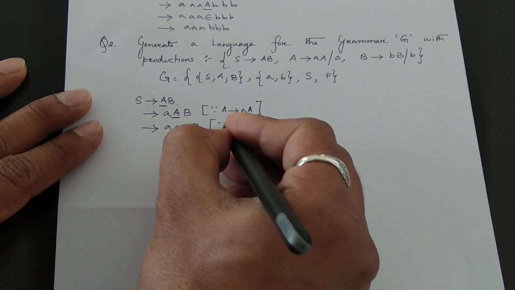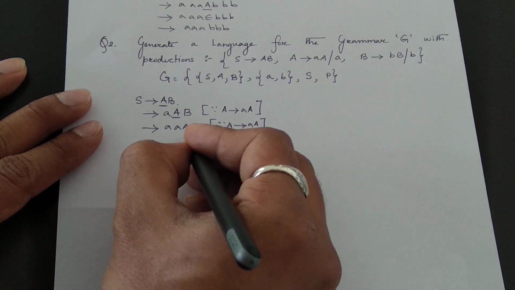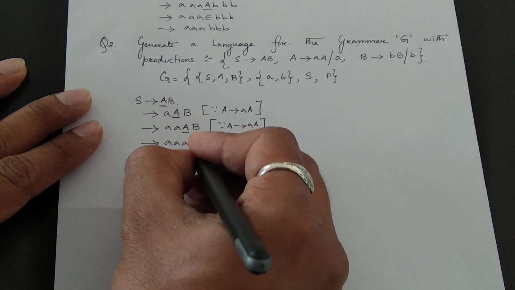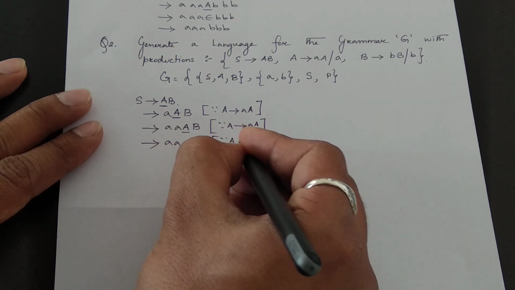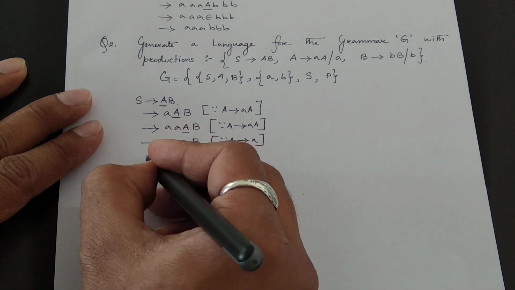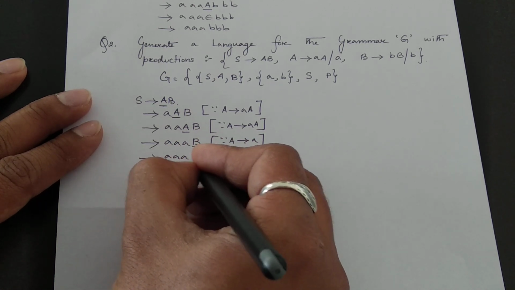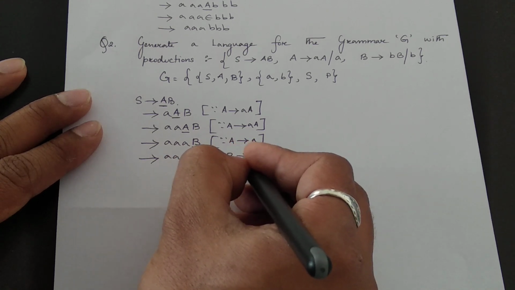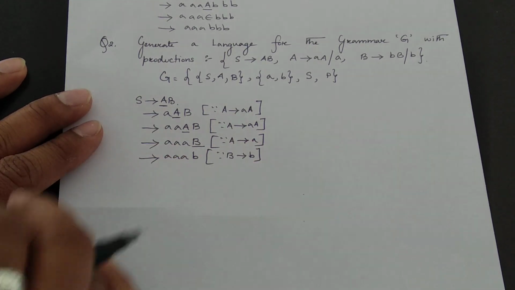Here also since A tends to AA. Now if I replace this A by small letter a, then the string will be like this, correct? Here since A tends to small a. Now if I replace B by small letter b, then this I can write down as capital B tends to small b. So this is one string that I have found.